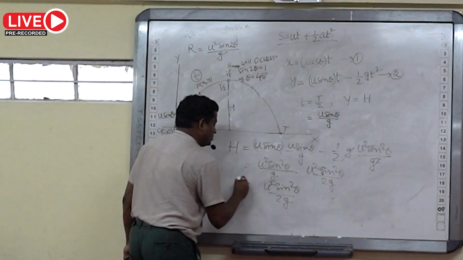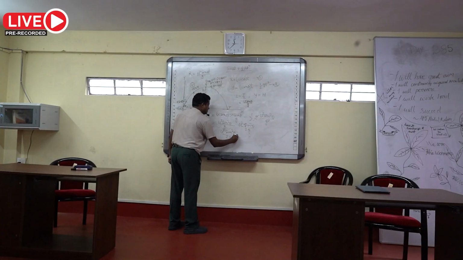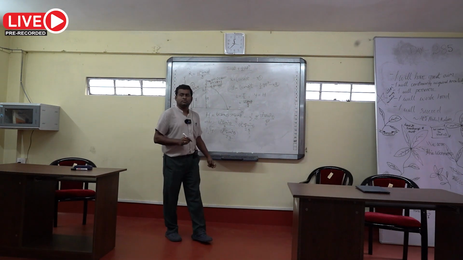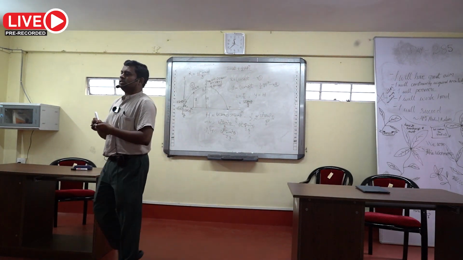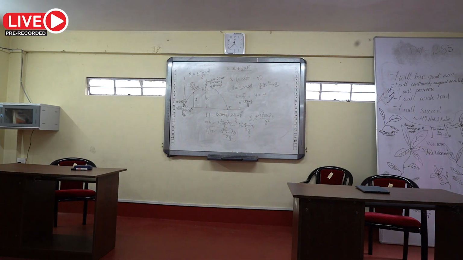So this is the formula for maximum height attained by a projectile, u square sin square theta by 2g. Okay?